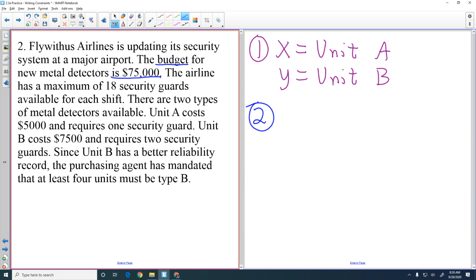So do we know how much unit A costs? What's the price of a unit A model? Right there. Unit A costs $5,000.